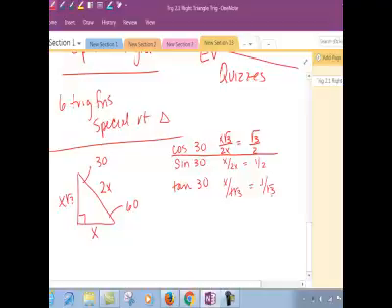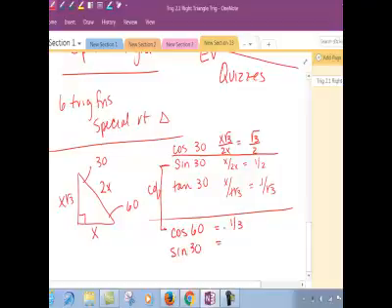Okay, so because 30 and 60 add up to 90, we can find the cosine of a 60 by simply looking at the sine of a 30. Do you see that? These guys are co-functions. Likewise, the sine of a 30 is going to be, I said 1/2 and I wrote 1/3. Sorry about that. Let's say that over again.